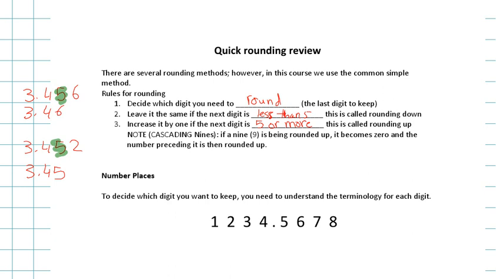Okay. Now what happens if this number is a 9? So what happens if I have 3.496, and I want to round to the second decimal? That's right. We call that cascading 9s.